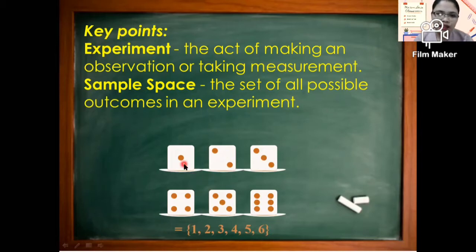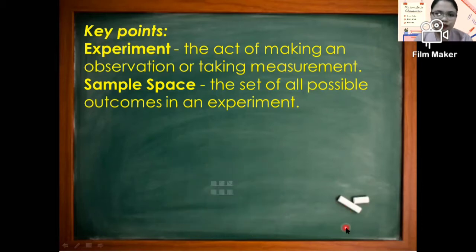Kung papansin natin, ang ating die meron 6 faces. Meron diyang face na 1 lang yung dot, 2 dots, 3 dots, 4, 5, and 6. Therefore, ang ating sample space is 1, 2, 3, 4, 5, 6. Pag nagagawa po tayo ng sample space, naglalagay tayo ng ganitong symbol or the bracket. Okay? So that is sample space.